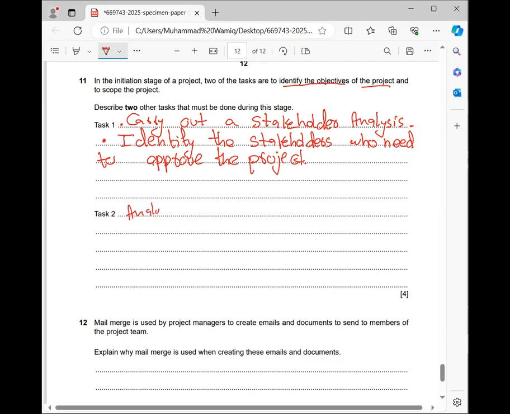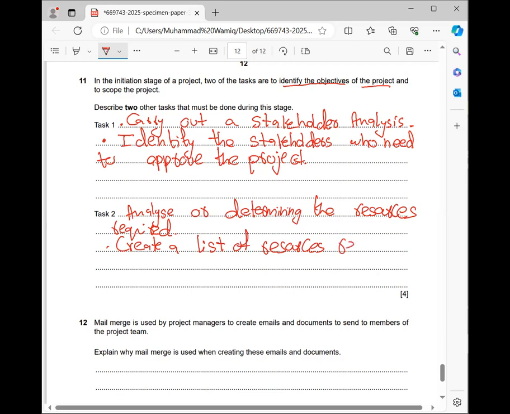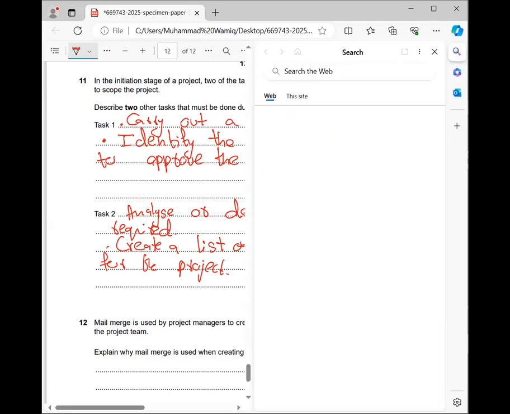Other tasks can be analyzing or determining the resources required. I can also create a list of resources required for the project. So there can be a number of answers, and in the initiation stage, I can break the answer down into four categories.